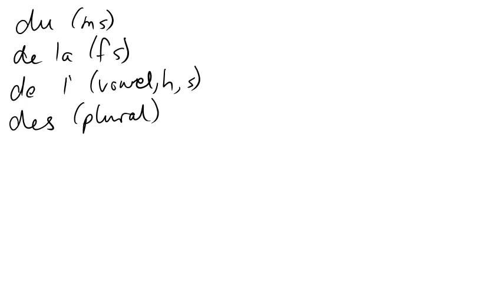So, for example, if I wanted to say that I want some tea. I drink tea a lot. I drink tea every morning. So I could say, je prends du thé, and tea is masculine, so du.